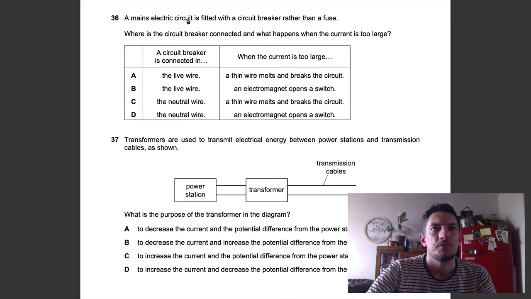Getting there. A mains electric circuit's fitted with a circuit breaker rather than a fuse. What's going to happen with the circuit breaker when you put a current that's too large? Now current comes through the live wire, by the way, so we're just going to exclude those ones.